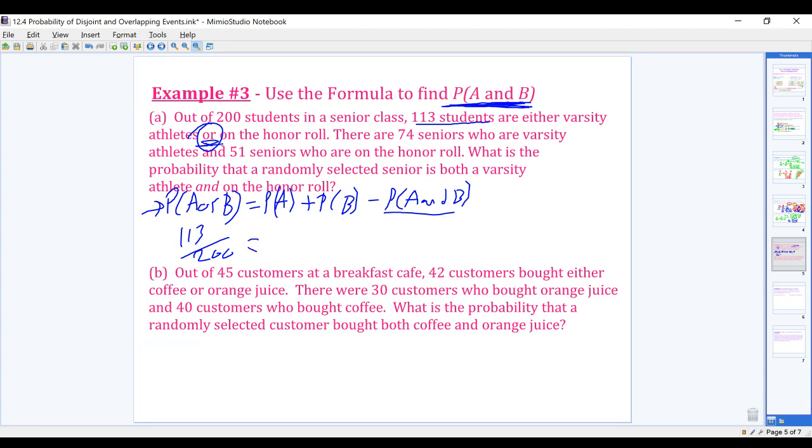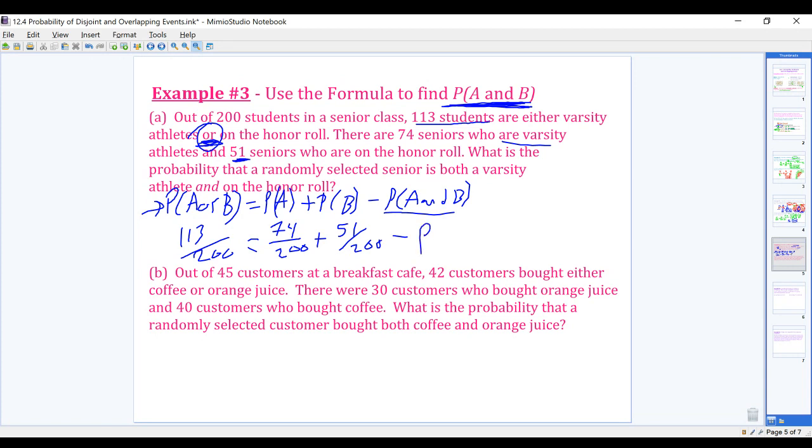That keyword, right, is super helpful. There are 74 seniors who are varsity athletes, the probability of A, right, are varsity athletes. So 74 divided by 200, because there's 200 kids. The 51 are seniors. That's the other probability, so 51 divided by 200.